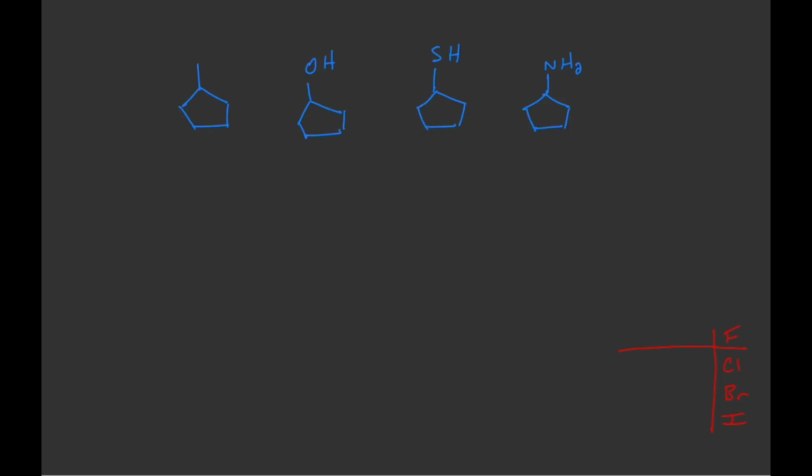Directly left of the fluorine, we have oxygen, and then to the left of the oxygen, we have nitrogen, and to the left of the nitrogen, we have carbon. Now we have our thiol group, so let's draw in where our sulfur would be. Our sulfur is going to be in the same group as oxygen, just right below it.